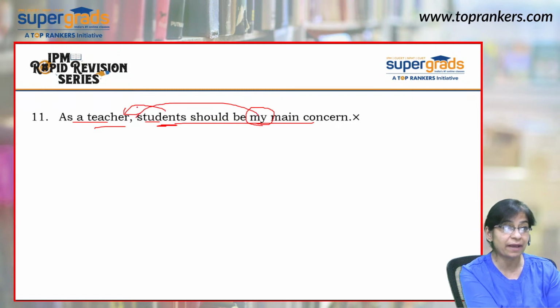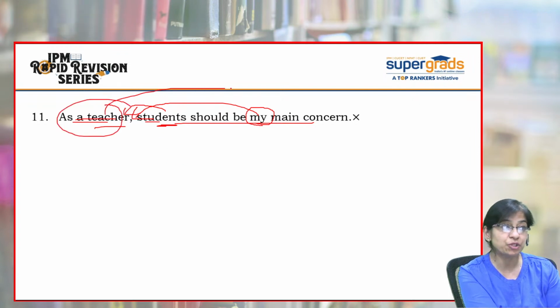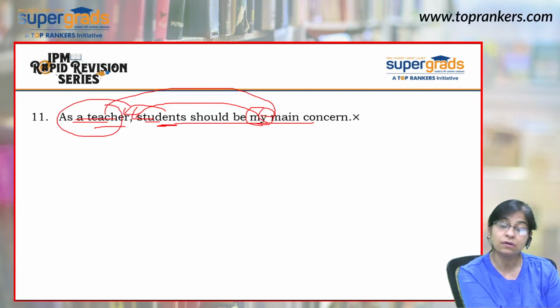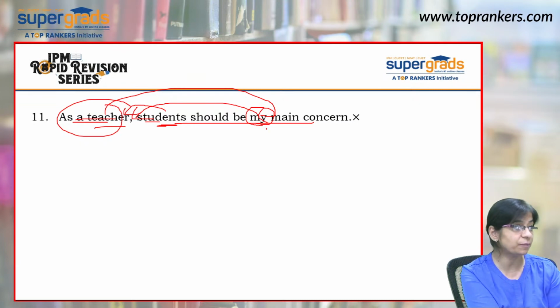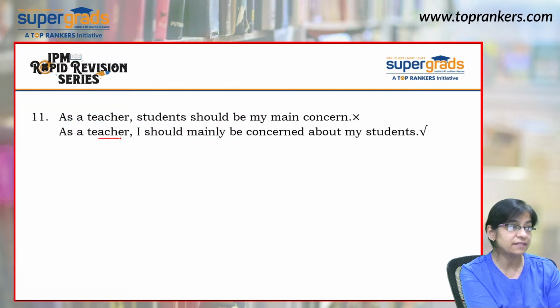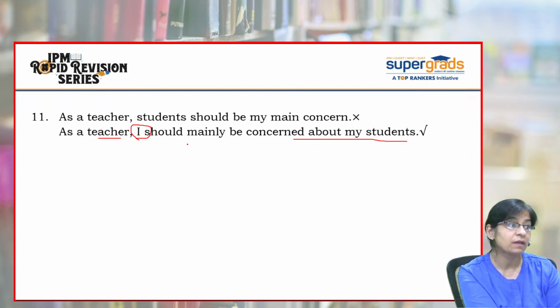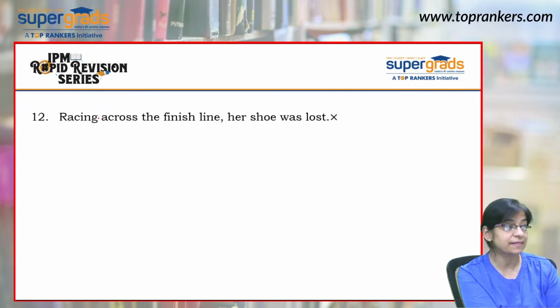It should be my that should be placed here, closest to the part that it modifies. Now this is a modifier and it should be placed closest to the part that it modifies. So the correct answer would be, as a teacher, I should be concerned about my students or my students' welfare. Let's take a look at another example.